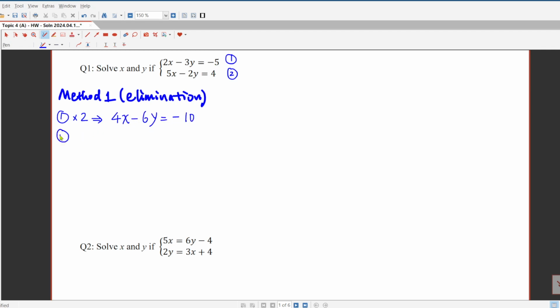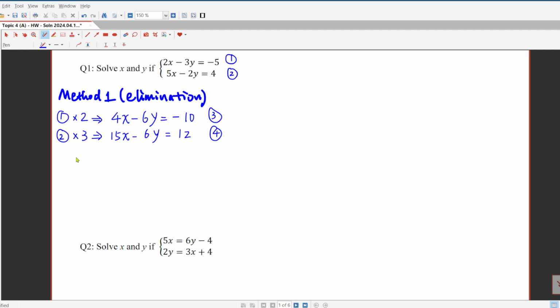And then use equation number 2 multiplied by a constant 3. In this way, we have 15x minus 6y equals 12. As you can see here, we have negative 6y in both of the two equations, right?